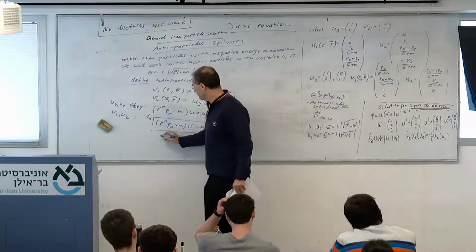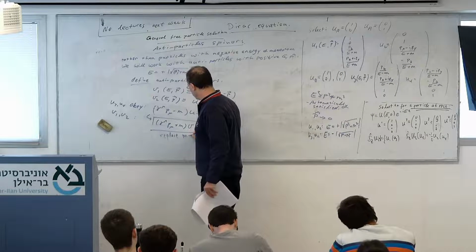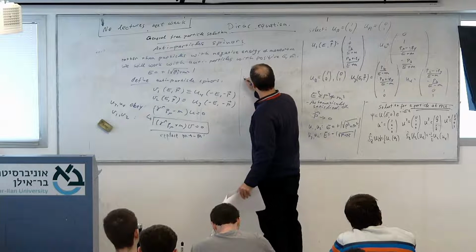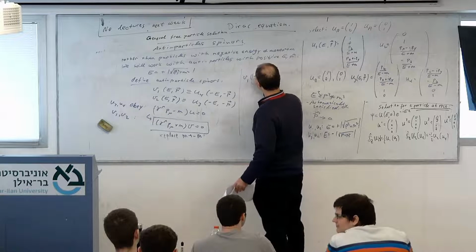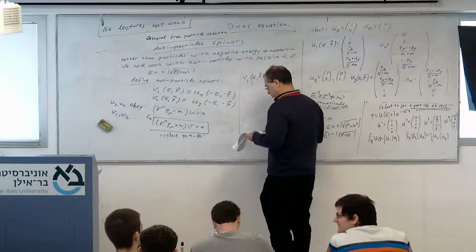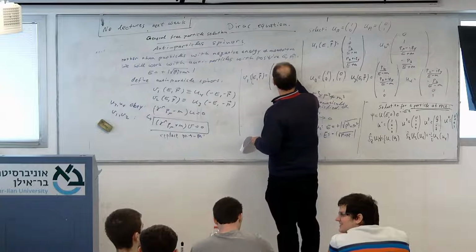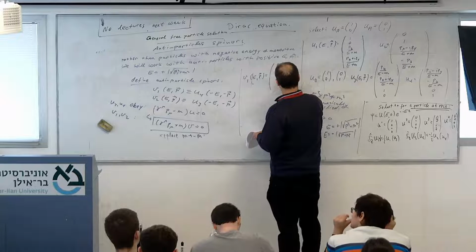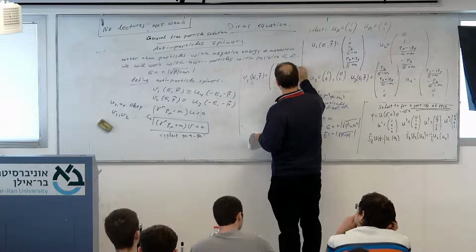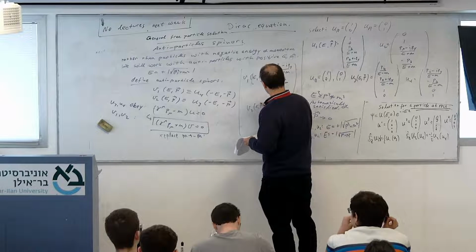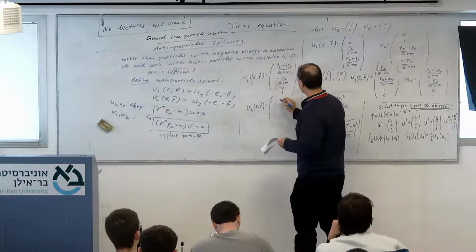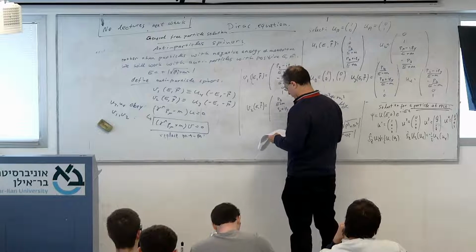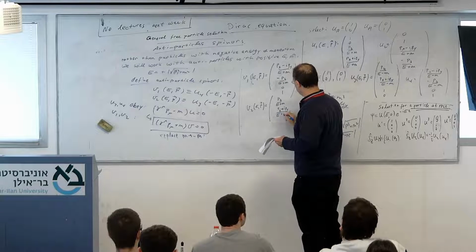So replace m with a minus m, and then you get that v1 of e and p is px minus i py over e plus m, and then minus pz over e plus m, and then 0, 1, and v2 of e and p is equal to pz over e plus m, and then px plus i py over e plus m, and then the 1 and the 0.